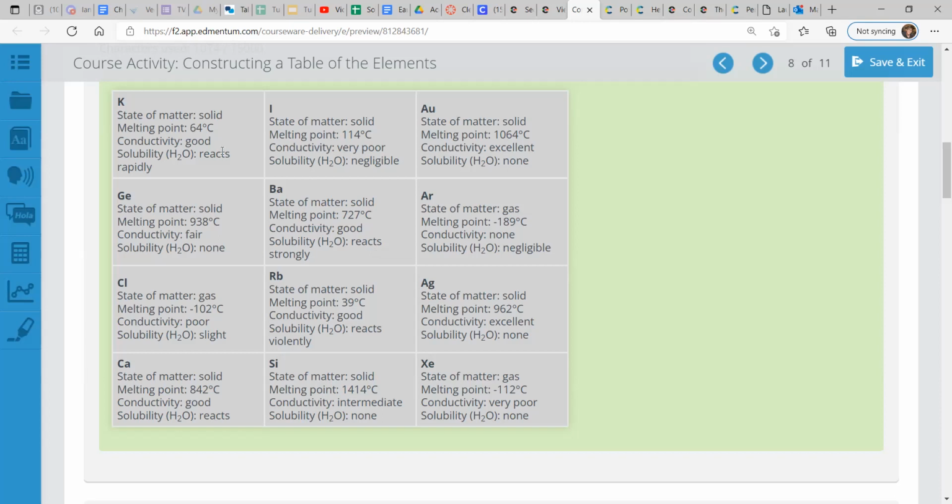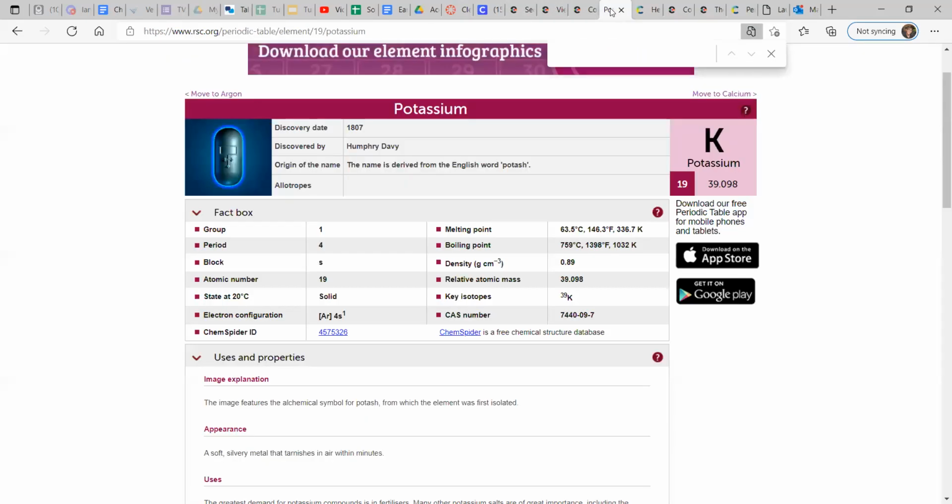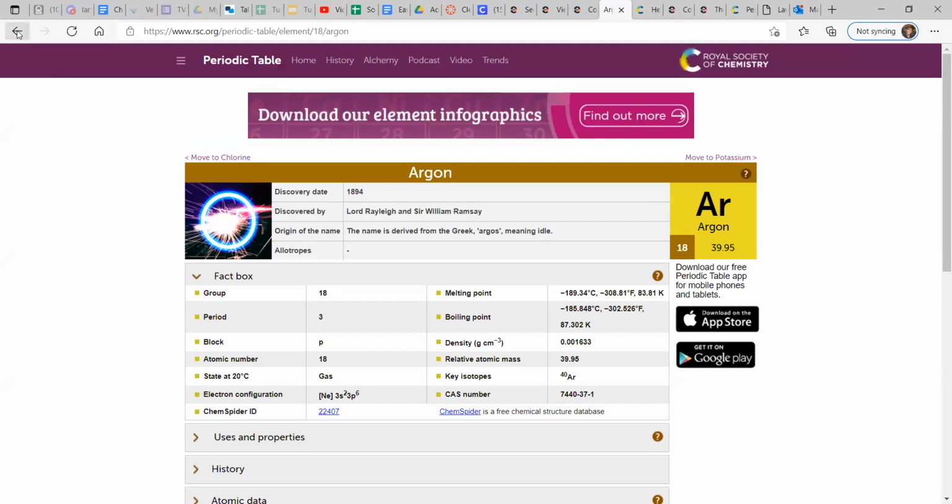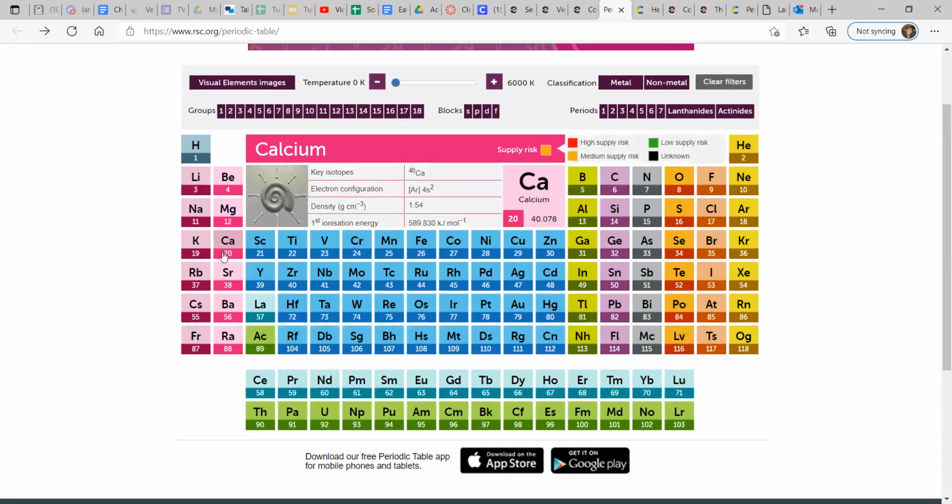You can see that with potassium, barium, rubidium as well. So we have potassium, rubidium, where's calcium? Yeah, so calcium reacts strongly as well.